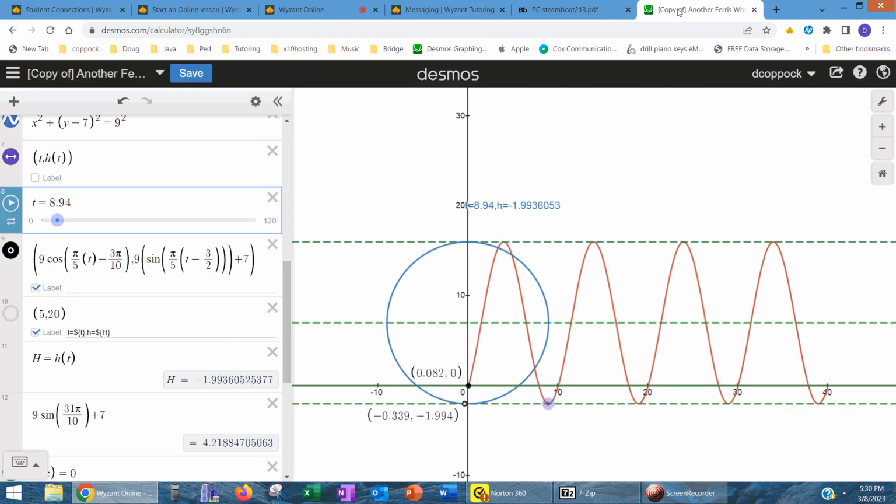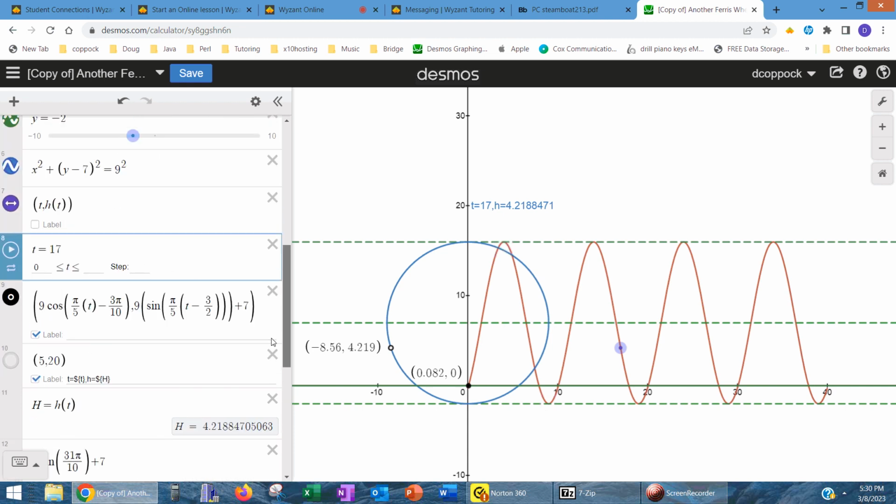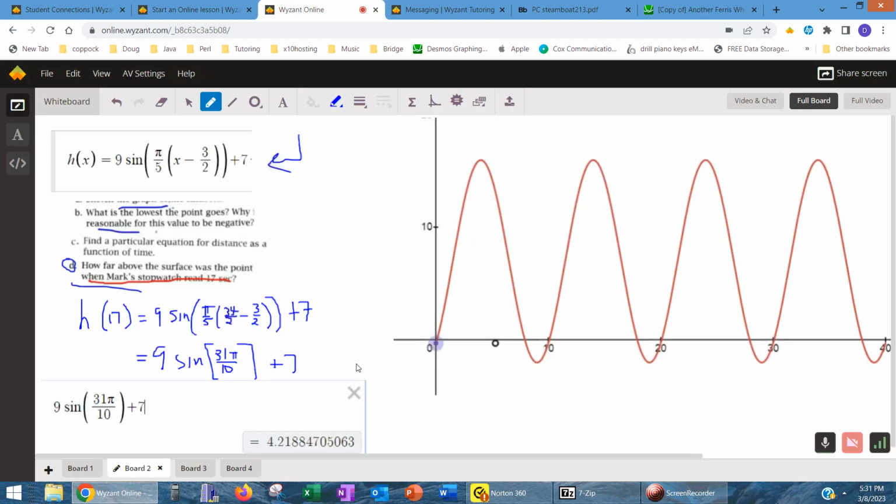If I go back to Desmos and change this time to 17, we see that the point is at, where is it? I forgot to label this. 4.219. That's the height of that point. 4.219.